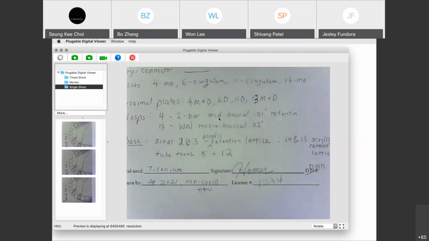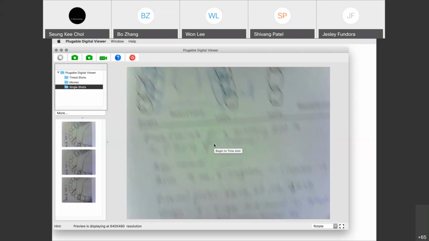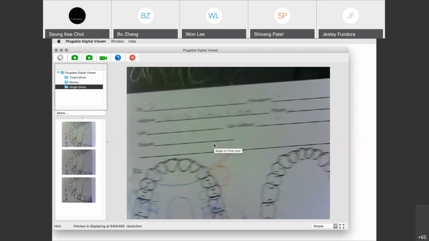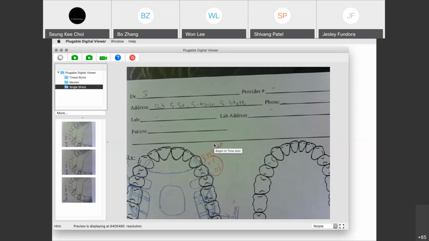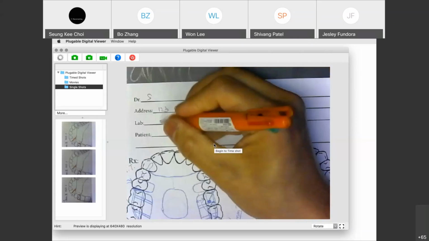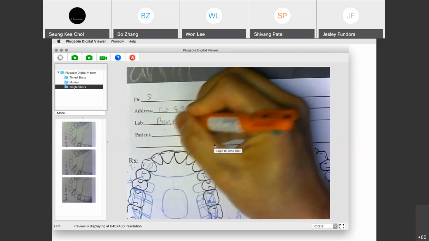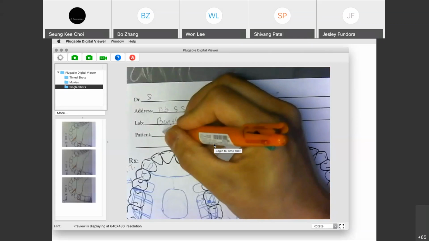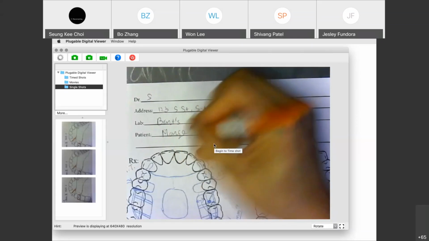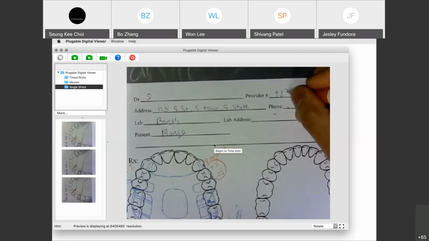Let's see if there's anything else that I didn't cover. Everything should be filled out, in case people are joining now. In the meantime, type away questions.